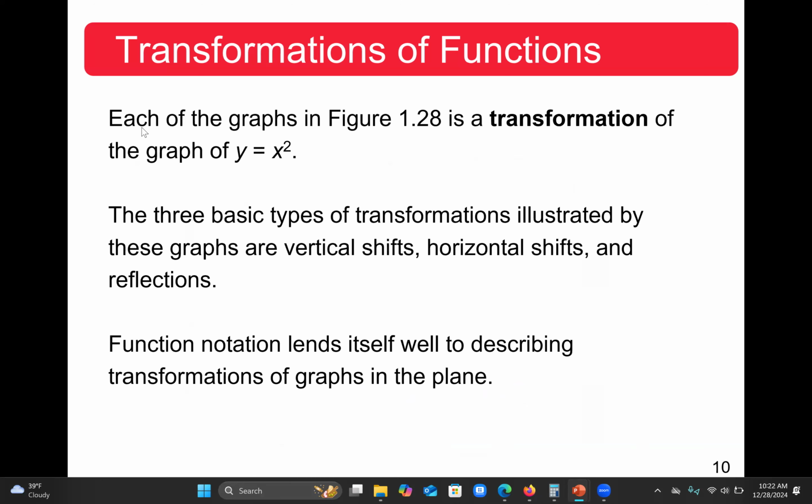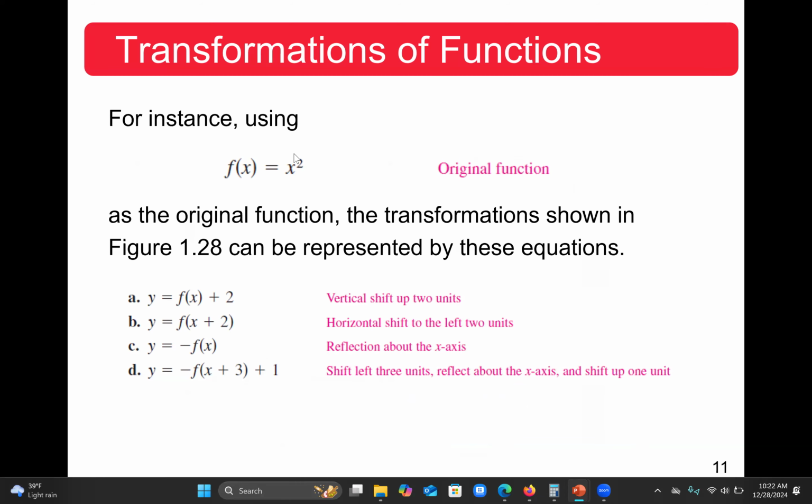So again, each of the graphs in the previous slide is a transformation of the graph of y equal to x squared. We saw y equal to x squared plus 2, or x plus 2 all squared, etc. You see how the movement is. So for instance, using f of x equal to x squared, we saw that y equal to f of x plus 2 is a vertical shift 2 units up.